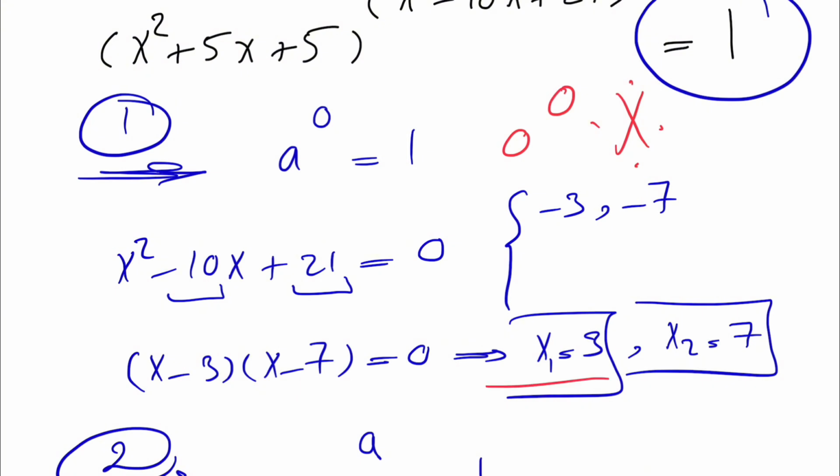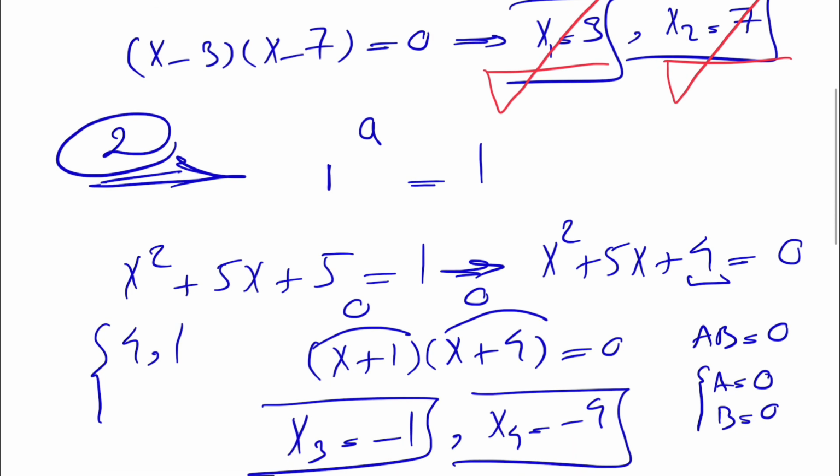We know 3 and 7 give us an exponent of 0, but we have to make sure that doesn't make the base 0. If we put in 3, we'll have 9 plus 15 plus 5, which is definitely a positive number. The same goes for 7, because all of our answers are positive. We won't get 0, so these two are good too.